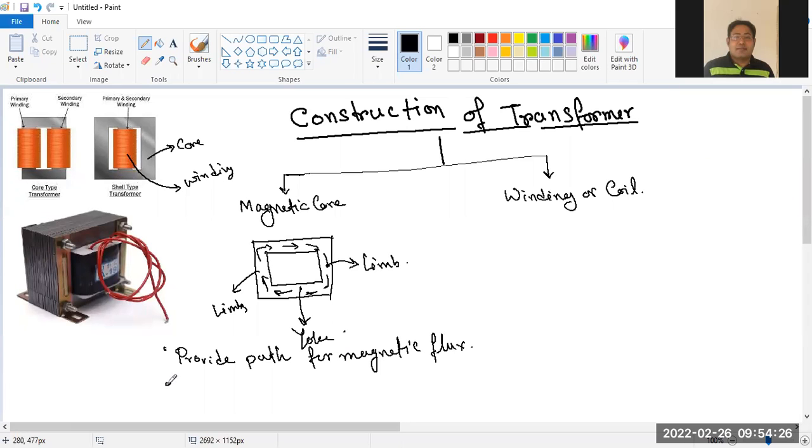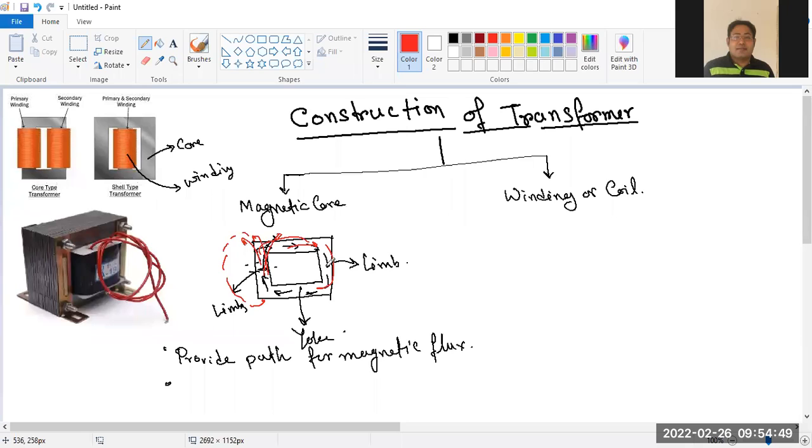If you put some coil over there, then a flux is generated this way. The maximum amount of flux follows this path, and a very small amount of flux follows the air path.